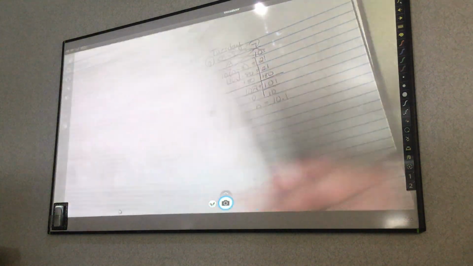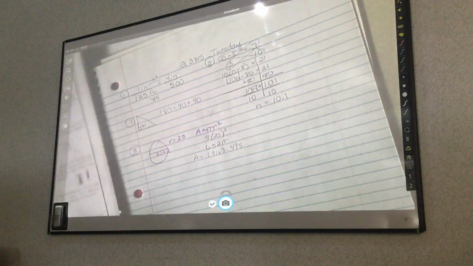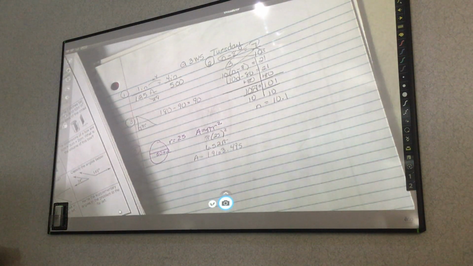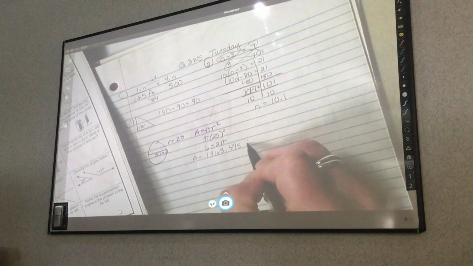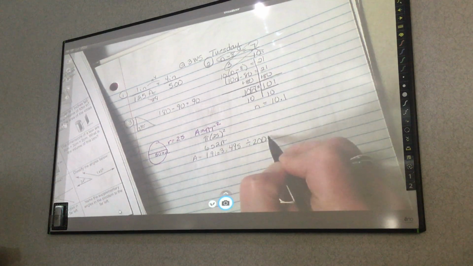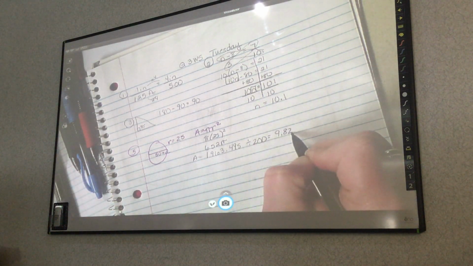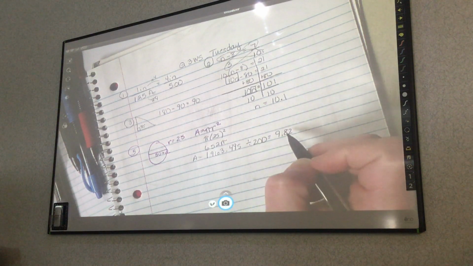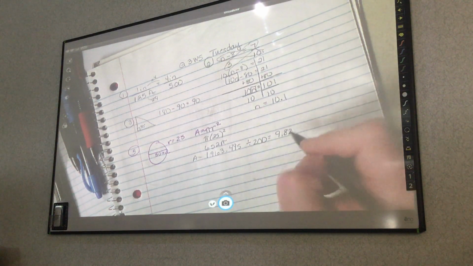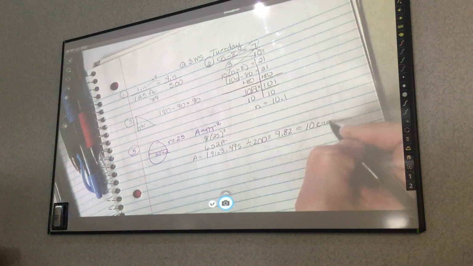But it says, how many cans of paint do I need? If each can of paint only covers 200 feet, I would take this and divide it by 200, and I get 9.82. But I'm not going to say I just need 9 cans of paint, and they don't sell a can of paint at 0.82, so I have to go up to 10 cans.